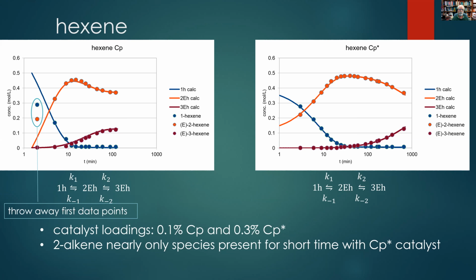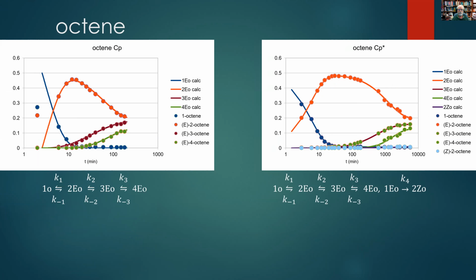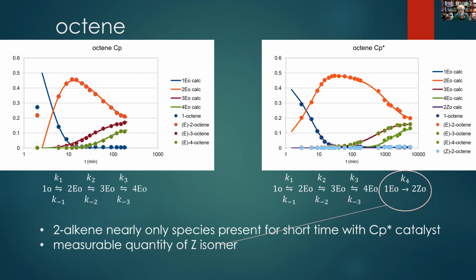I just want to point out that as we looked at a number of these substrates, here's the octene, same kind of trend. Once again, you can do a much better job of isolating the 2-alkene using the CP star catalyst than the CP catalyst. But now, as things get more complicated, we're starting to see other things that we need to throw into the rate analysis.